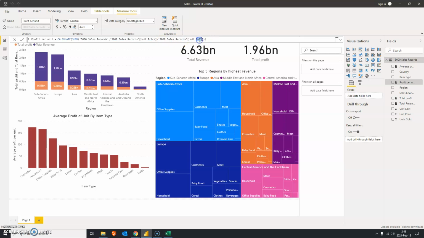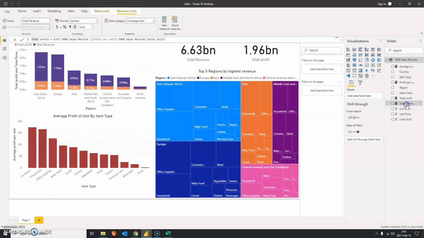Whatever is the cost and this is the price, subtracting that gets the profit per unit. The same with total profit: I use profit per unit, our new measure, times unit sold, so I get the total profit.